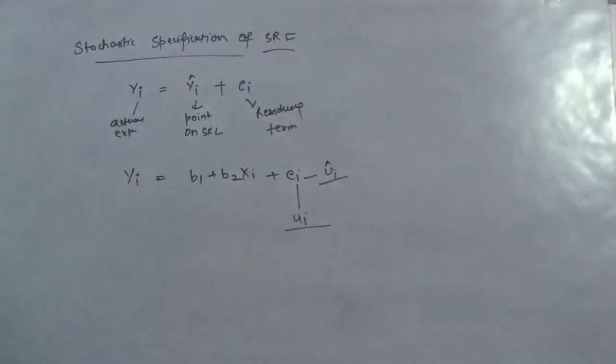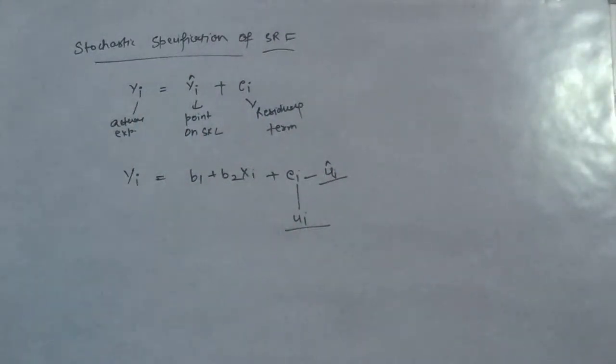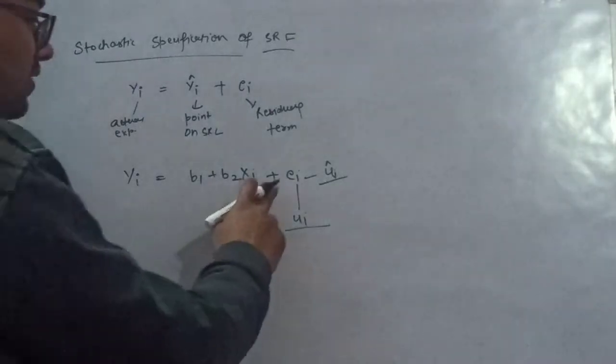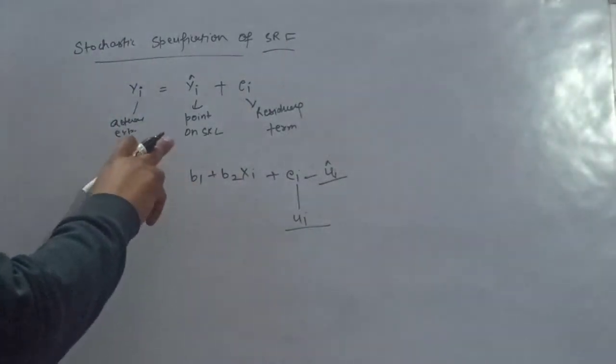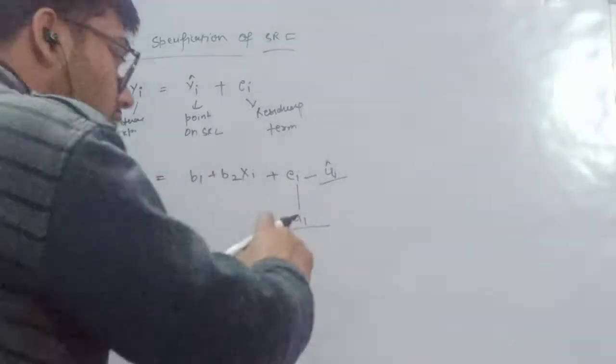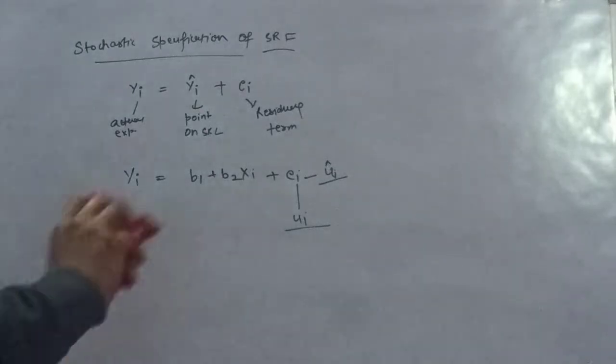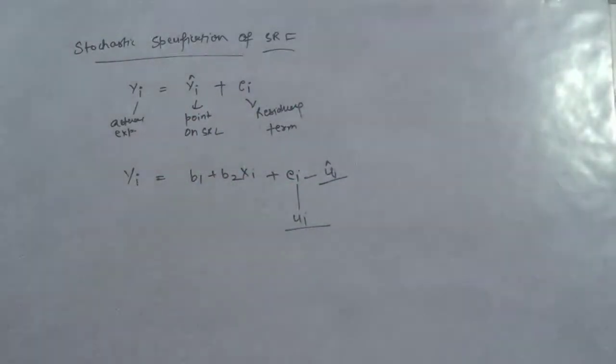It is a small u, not capital. Remember this: b1 is an estimator of beta 1, b2 is an estimator of beta 2, and ei is an estimator of ui. Now I will write some conclusions here of what we read previously.